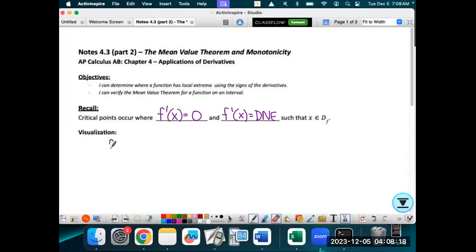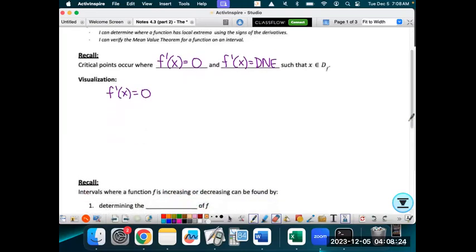So visually, our derivative is going to equal 0 where we have nice turning points. So basically at our local extrema.